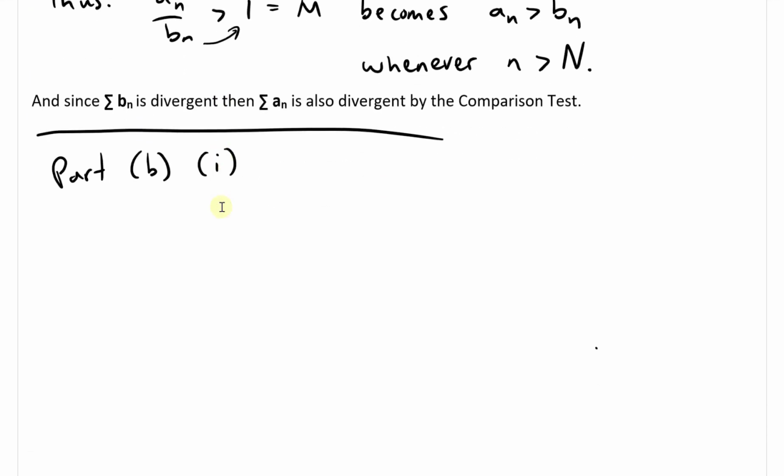So I'm just going to write that down: the summation n equals 2 to infinity of 1 over ln n. So that's what we have.